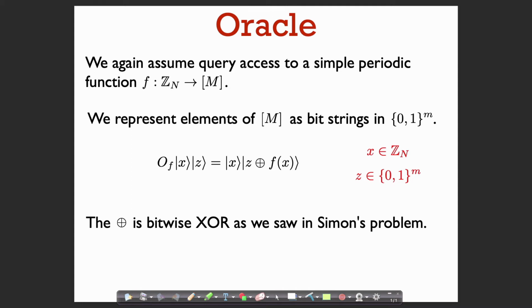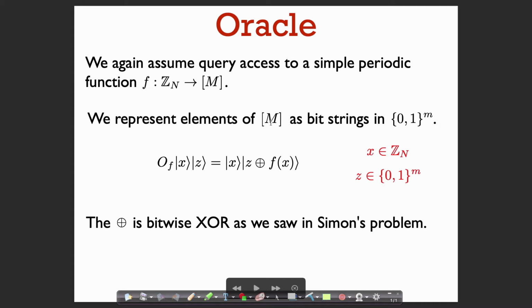So let me say a bit more about the setup. We're again working in the query setting. So we have this simple periodic function f, and we assume that we have an oracle O_f that implements f for us. And in what way does O_f implement f? So x is an element of Z_N.